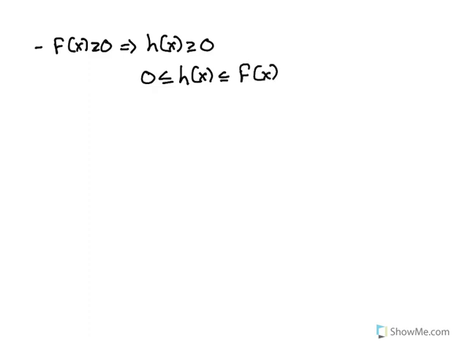And again, f of x being positive implies that h of x is positive. So we have that 0 is less than or equal to h of x, which is less than or equal to f of x.